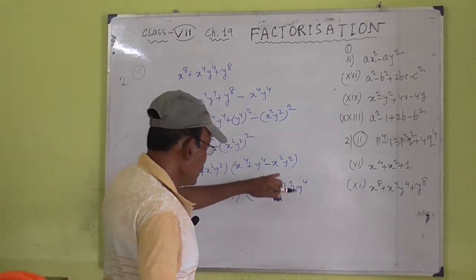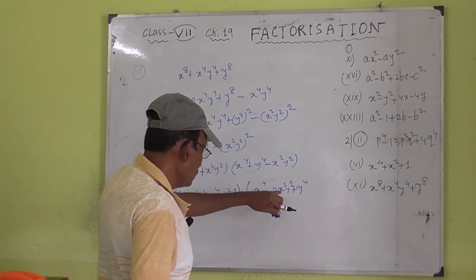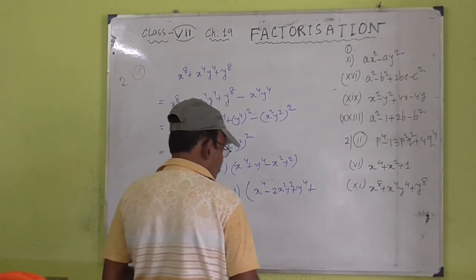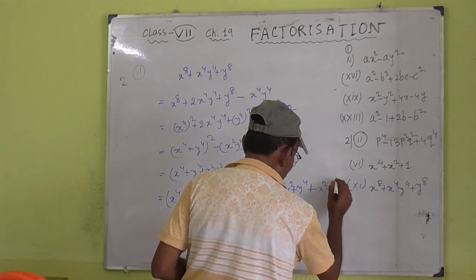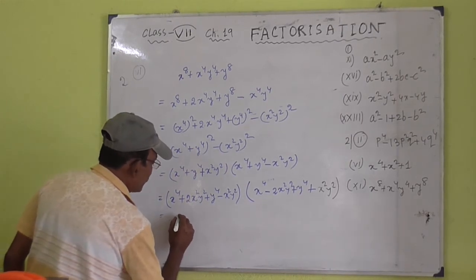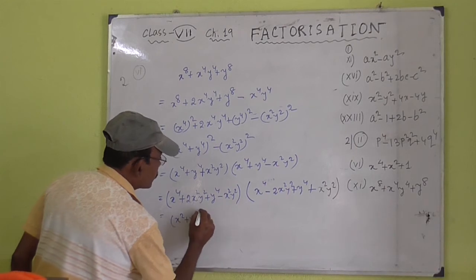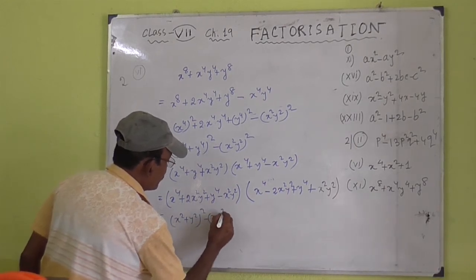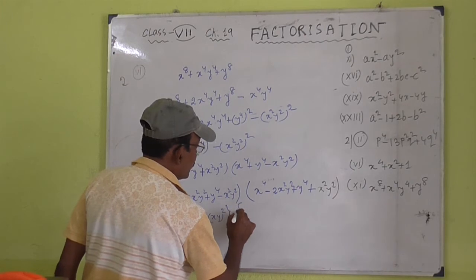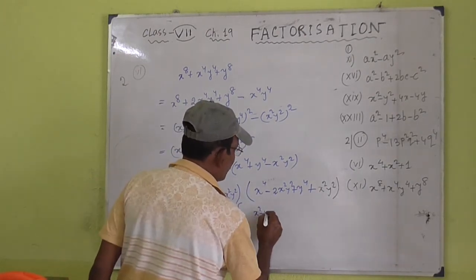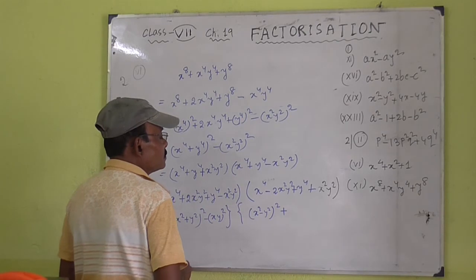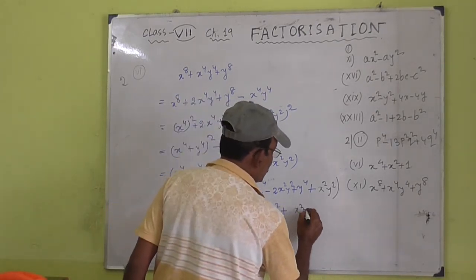To make the original sum, we must balance this plus x square y square.